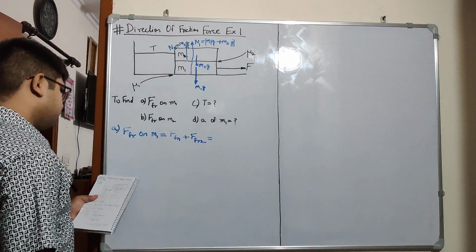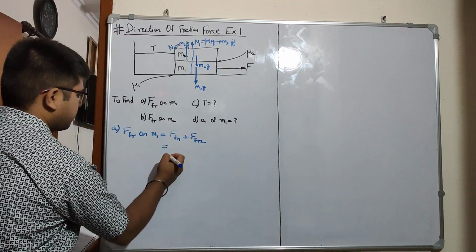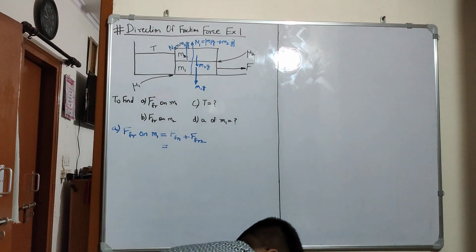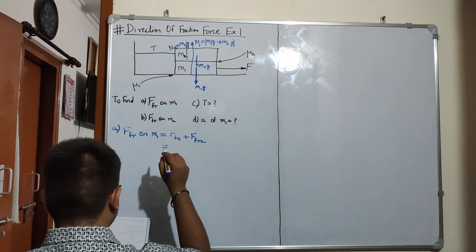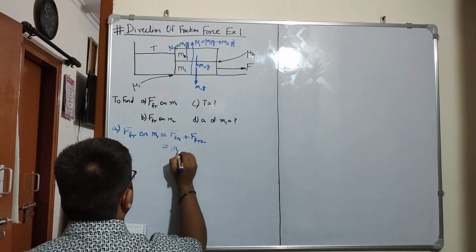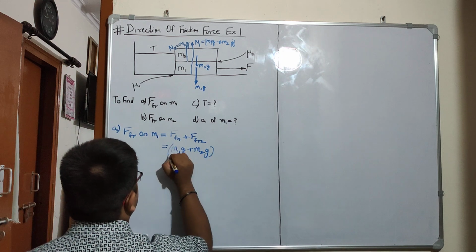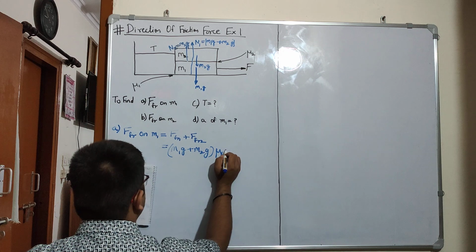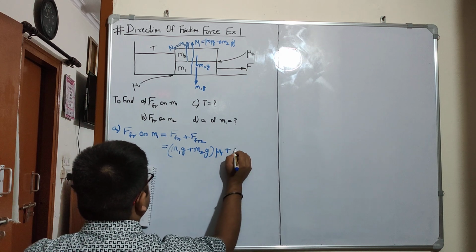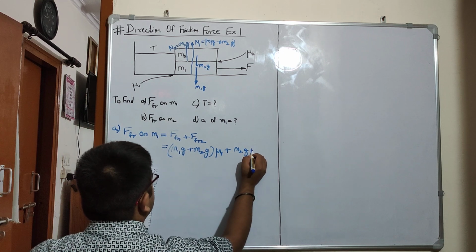That will be equal to (M1G plus M2G) nu 1, plus M2G nu 2.